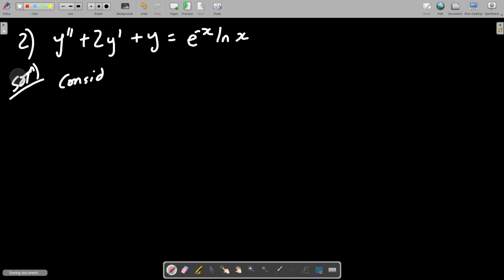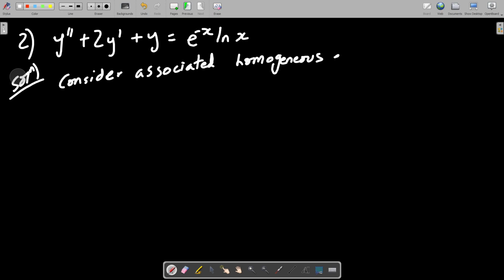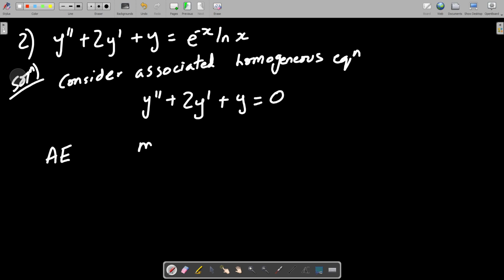Consider the associated equation, that will be y double prime plus 2y prime plus y is equal to 0. So the auxiliary equation for this will become m square plus 2m plus 1 is equal to 0, right?